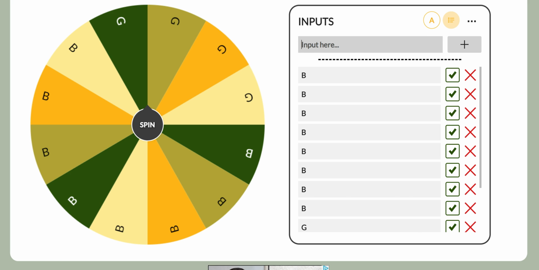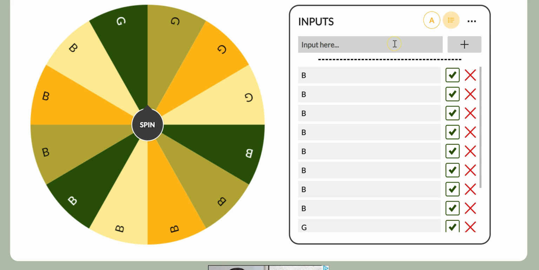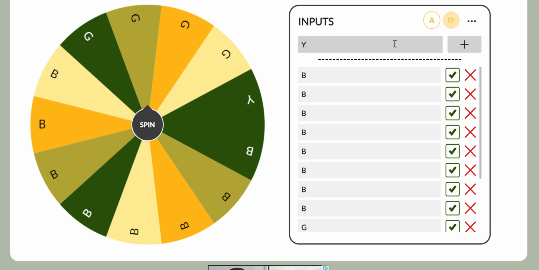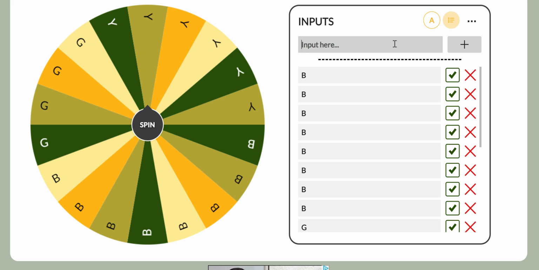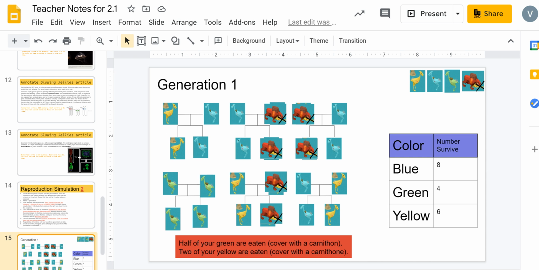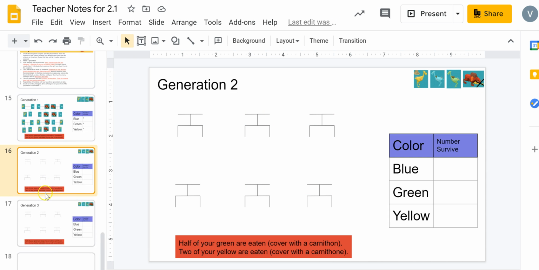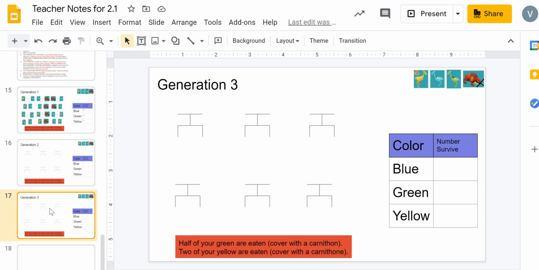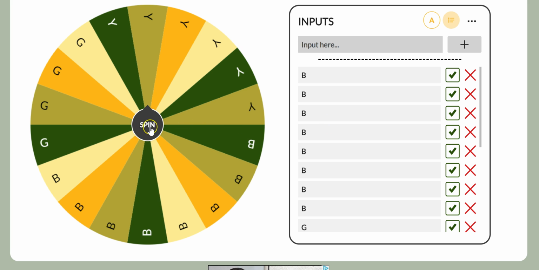Now I have 4 green in my population, and I had 6 yellow. So I've got to put 6 yellow. 1, 2, 3, 4, 5, 6. So now I have my population back up again. So I'm going to do it all over again, but now I'm doing it for generation 2. You're going to do this for 3 generations, okay? 3 generations. So same as you did before, spin.